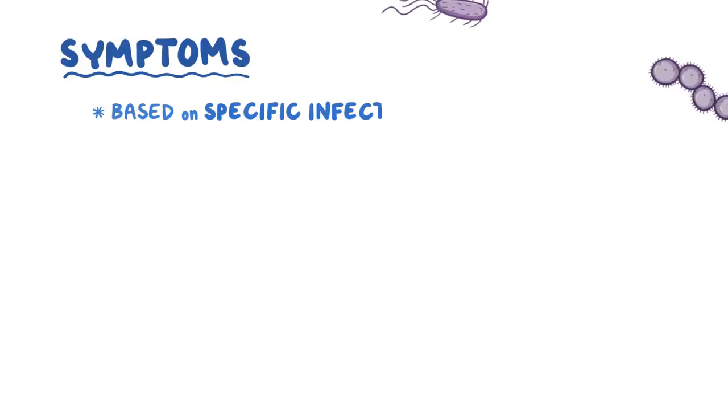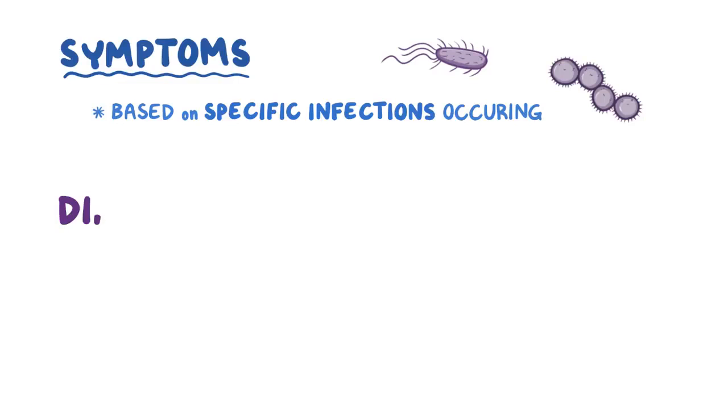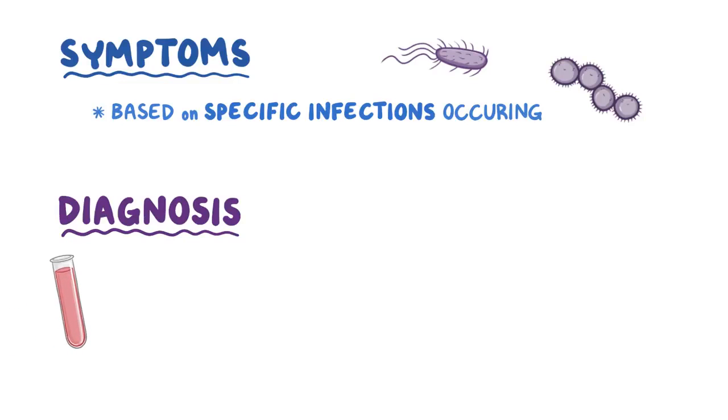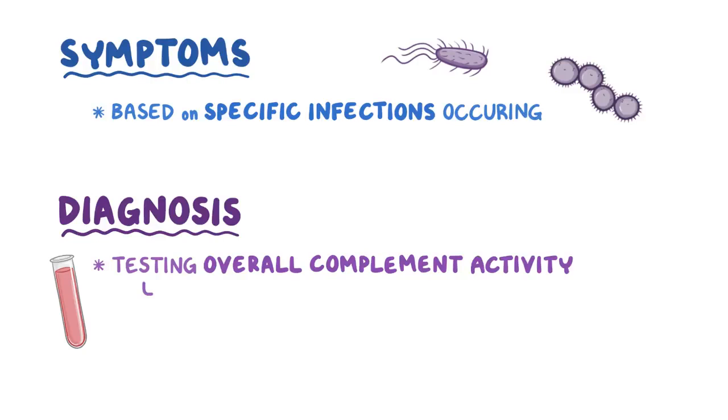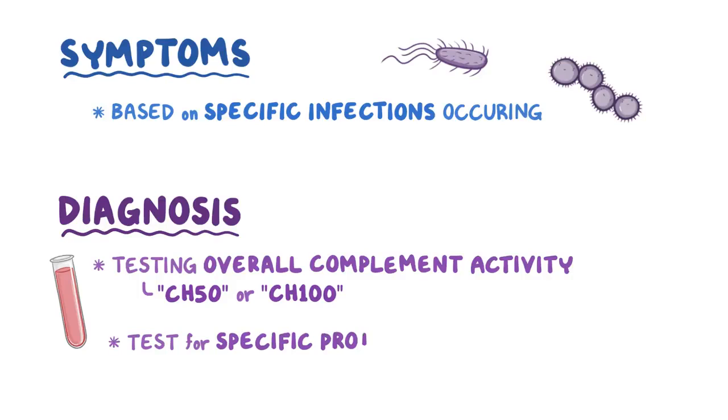Symptoms of complement deficiency are usually based on the specific infection that might be happening. Diagnosis of complement deficiencies can be done through blood analysis by testing overall complement activity, denoted by CH50 or CH100. If there's a deficiency, it's also possible to test for specific protein levels like C3 or C4.